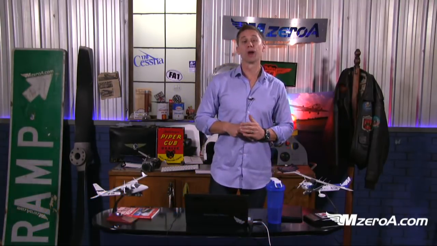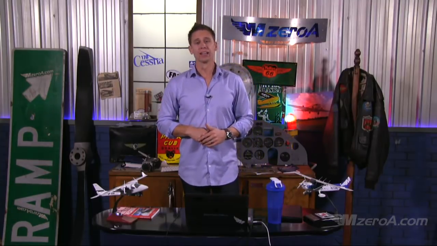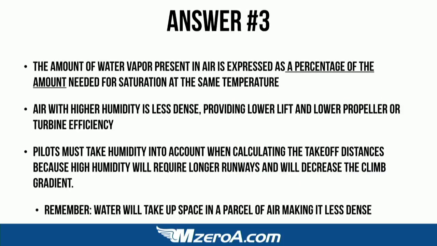What is relative humidity? Let's go ahead and reveal that answer here. Relative humidity, answer number 3. The amount of water vapor present in air is expressed as a percentage of the amount needed for saturation at the same temperature. That's what relative humidity is.